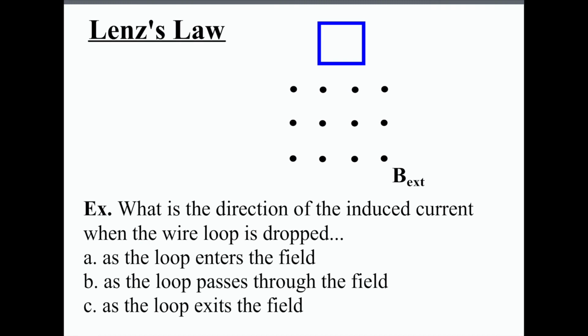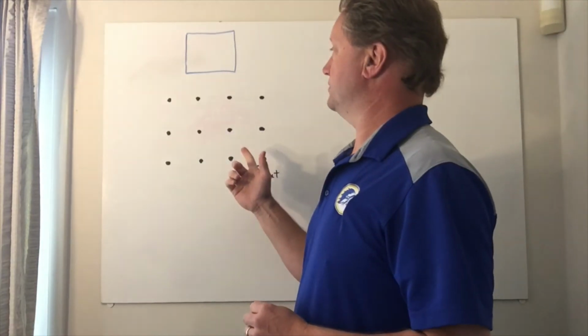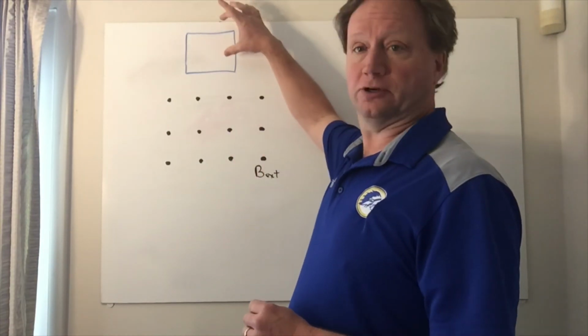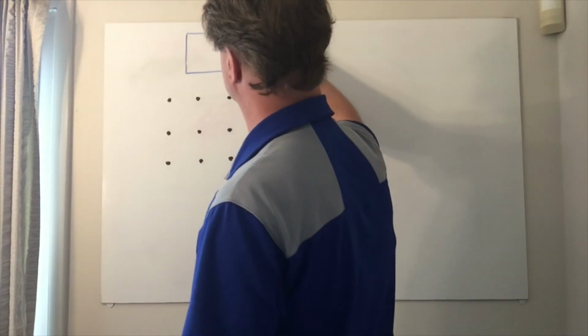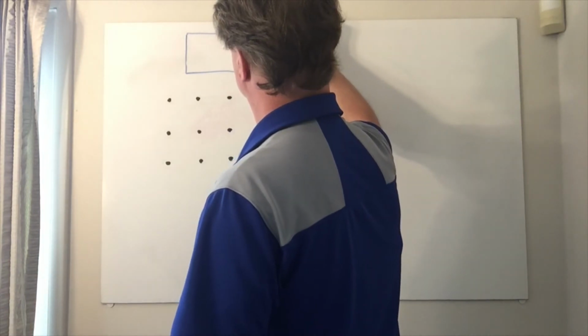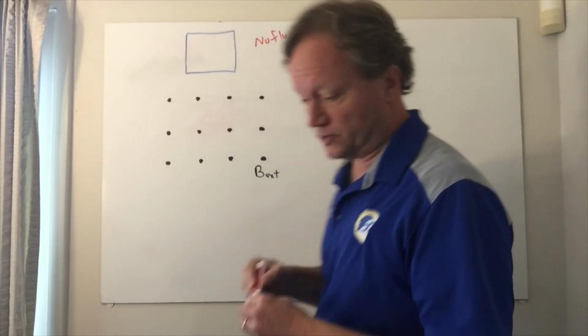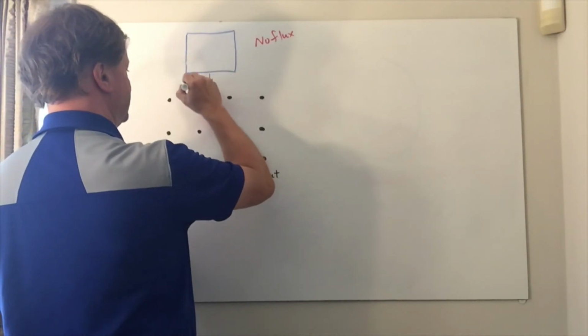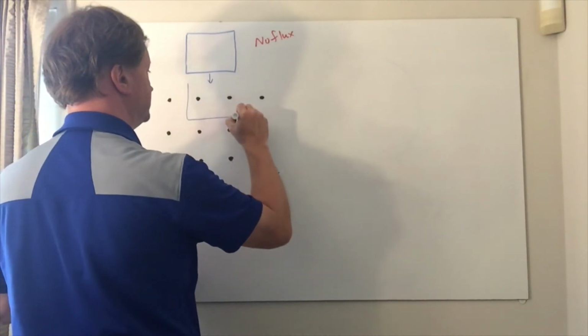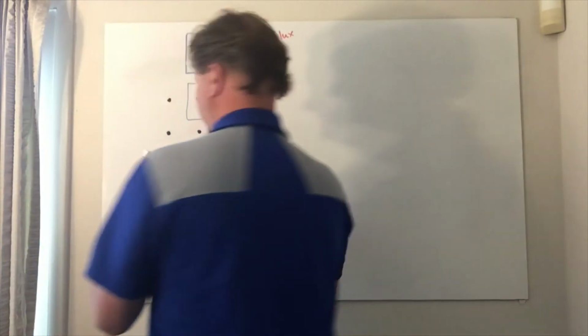Now let's consider the direction of the induced current in the wire loop when it is dropped. So here's our situation in the first part. Here is our loop. We're going to drop it. So it's going from a location up here where there is no flux to when it moves down a little bit further into here where there is a flux.